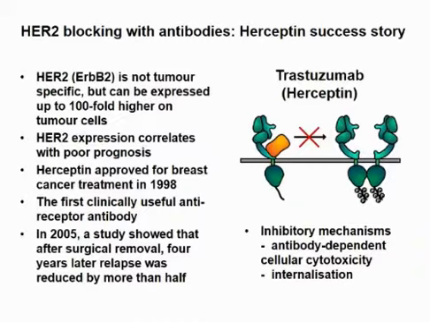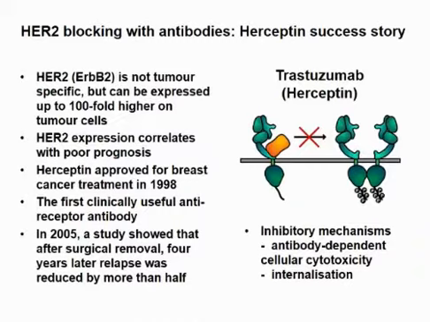Just to give you more information on this HER2, this ERB2, it's certainly not specific to these breast cancer cells. It's got quite wide expression throughout the body, but it's incredibly highly expressed on these tumour cells. So it can be at 100-fold higher levels on the breast cancers than it is on other cells in the body.